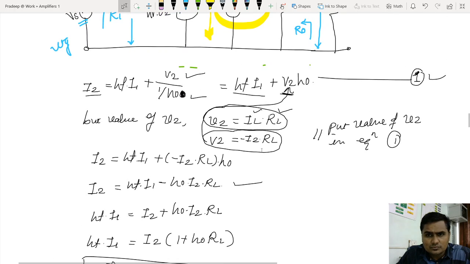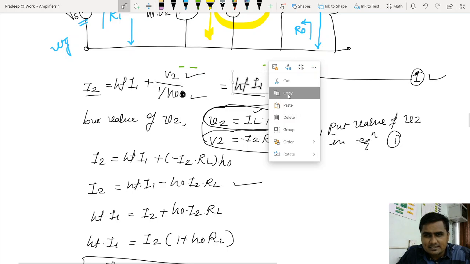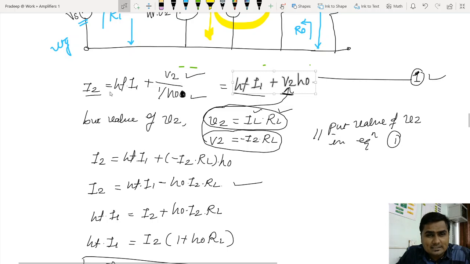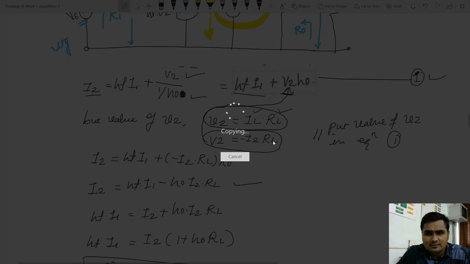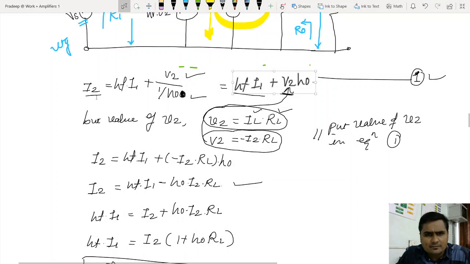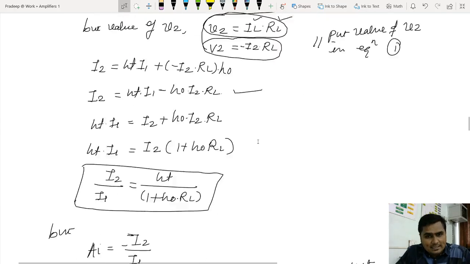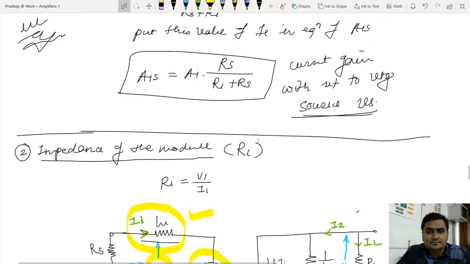I2 is equal to this equation. You remember that equation? Yes, let me copy this equation because I am going to use it. It is the equation of I2. So I2 is equal to HF I1 plus V2 HO. Now let us use that equation here.